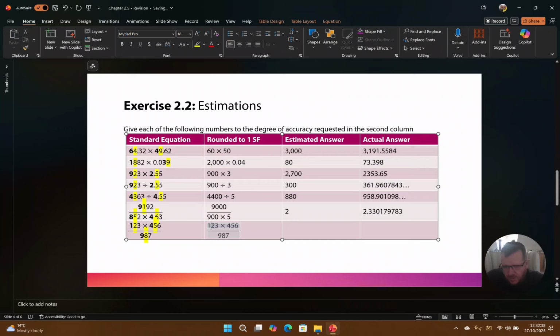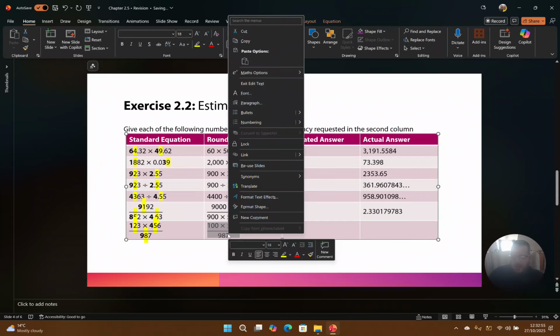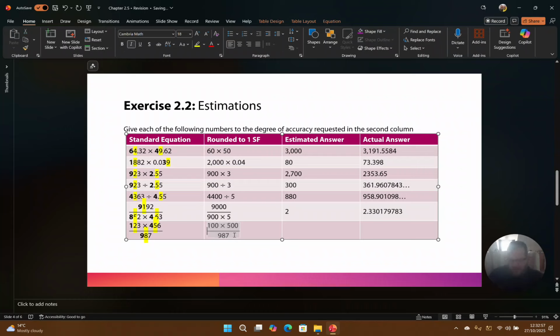So we want 100, because that rounds down, times 500, because that rounds up, and then the 987. Now, it's important to note at this point that the 1, because this rounds up to 1,000, becomes the first significant figure after it rounds up.